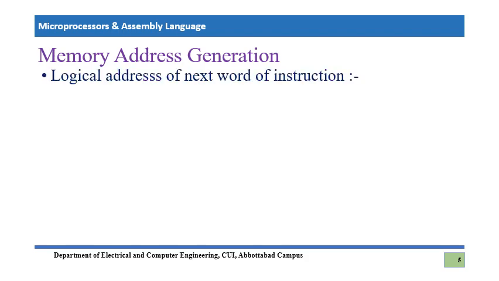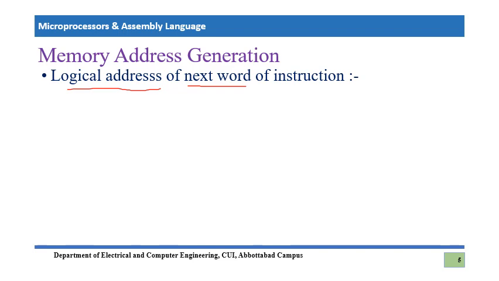Okay, here we are again enlisting some of the very important points before we proceed to how the physical address is generated. So, the logical address of the next word of instruction. Right now we are talking about logical addressing, which must be pointing towards the next word.